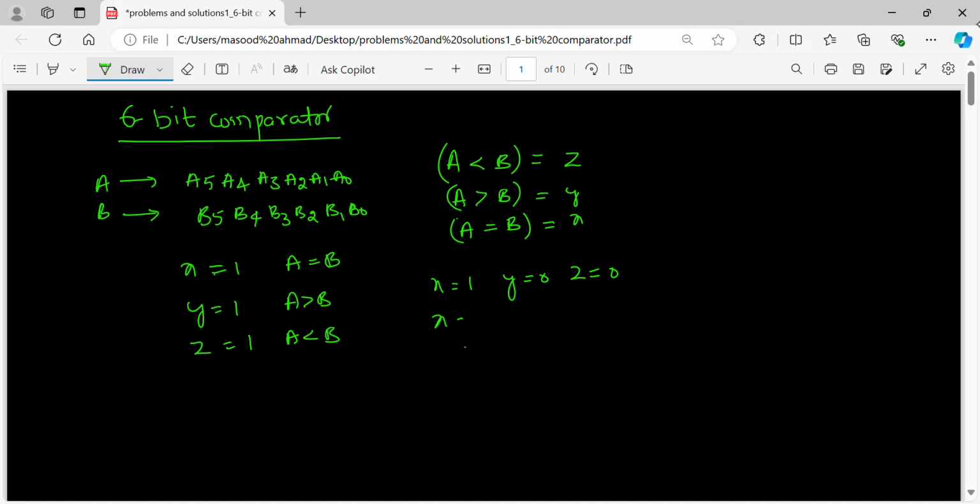When X is 0, either Y may be 1 or Z may be 1. If Y is 1, Z will be 0. If X is 0 and Y is also 0, Z should be 1. Because on the whole, any one of the conditions will be valid with respect to the relative magnitudes of A and B.